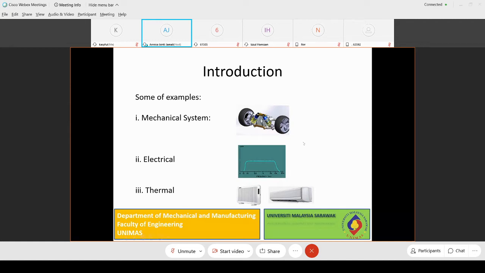This is the audio amplifier response, and we can also make a mathematical model using the second order. The third one is thermal. An example for thermal is the heating and cooling of a building, the heater and also the air conditioner here. These two can also be represented in the form of a second order system.